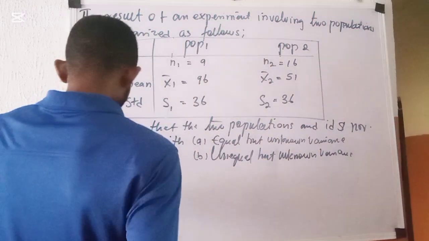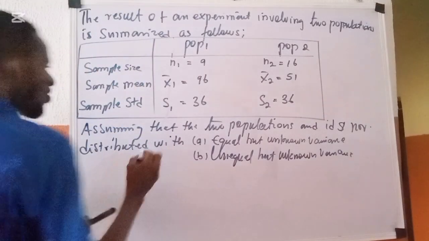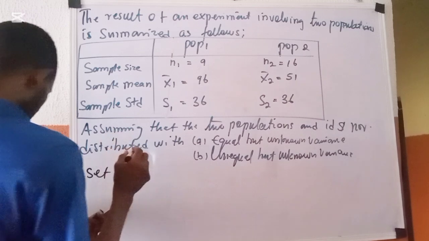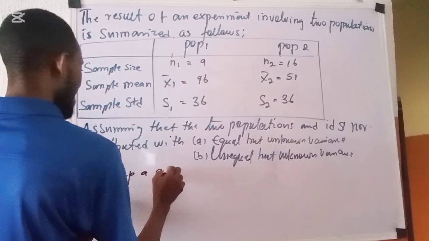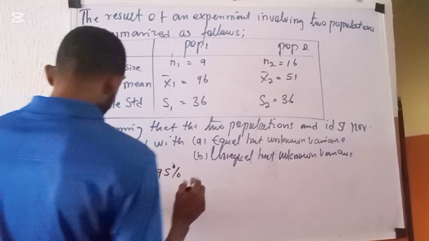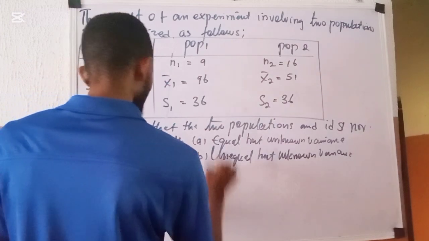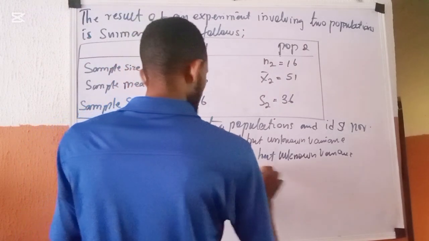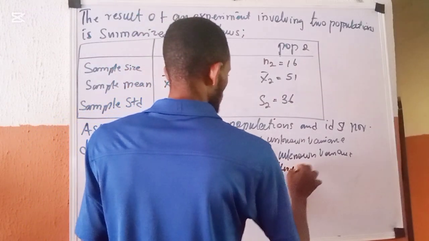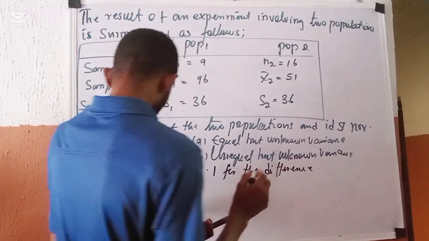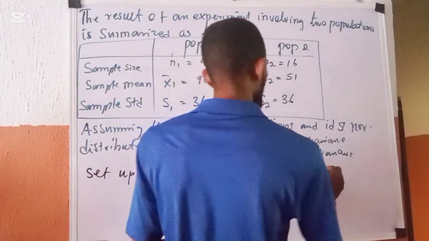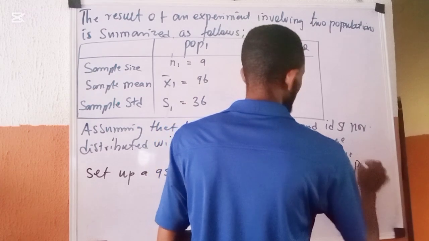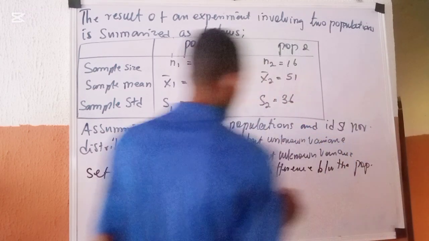They say set up a 95% confidence interval for the difference between the two population means.